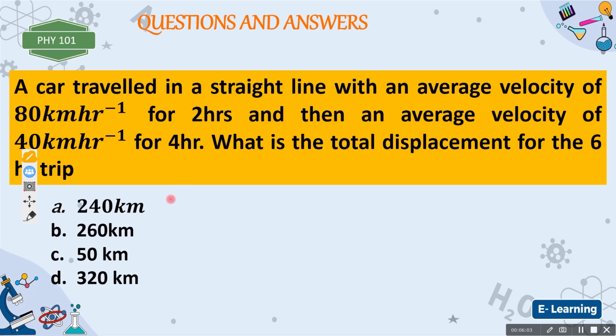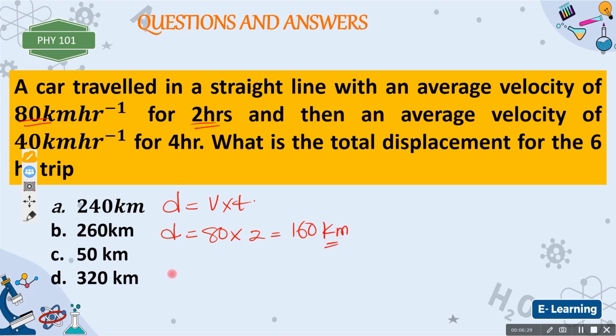Now, average velocity of 80 km per hour for the first 2 hours. So, what is the formula for distance? Distance is velocity times time. So for the first 2 hours, the total distance traveled will be 80 times 2, which will give us 160 kilometers.